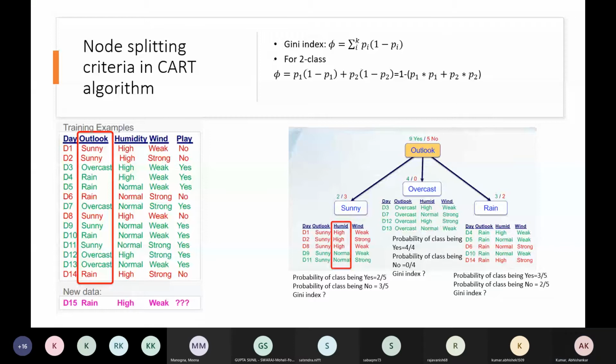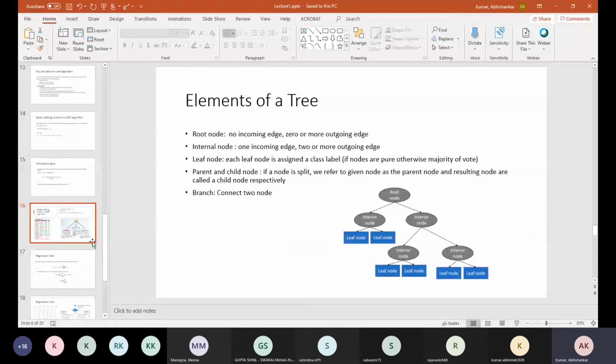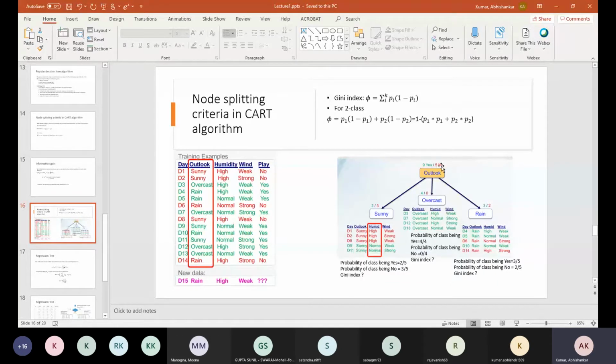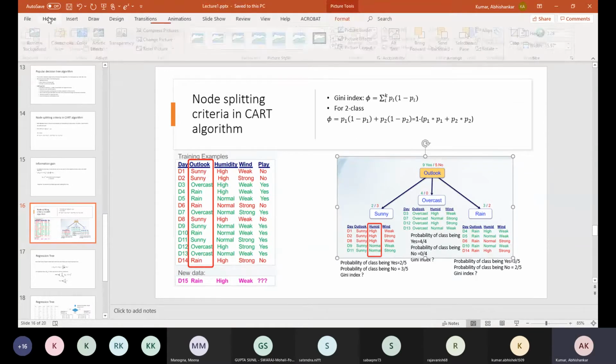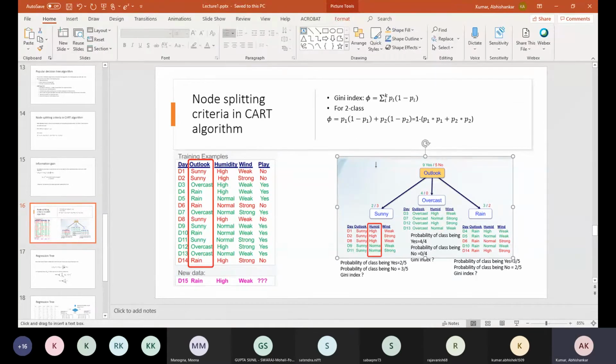For sunny, I have calculated 0.48. And for overcast, I will write it. I will also work with you. So the Gini index is equal to, let me do it. I have not calculated it, but since you have told me, I am writing it here.